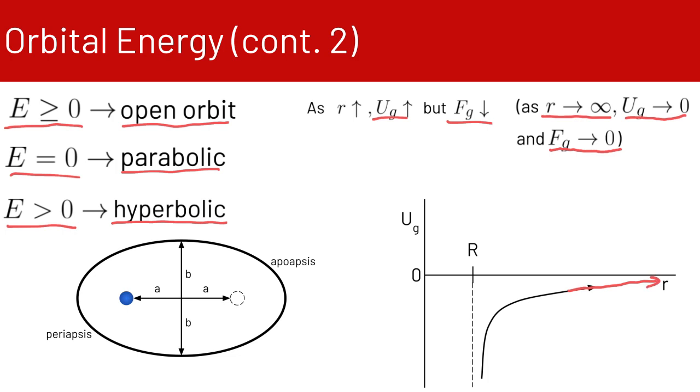So the gravitational force never actually equals 0, because gravity is always additive. Two objects are always exerting some gravitational force on each other, even if they're very far away. For these types of orbits, as R increases, the velocity is decreasing.